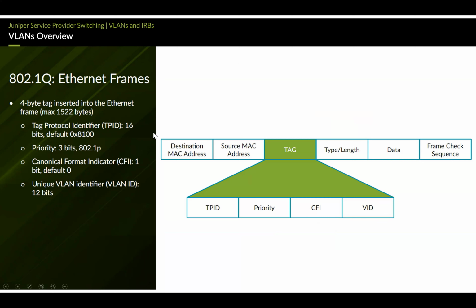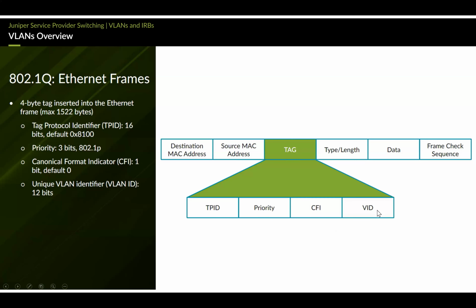If you see the Ethernet frames, every Ethernet frame has a destination MAC address and source MAC address, and in a tagged Ethernet frame, it has the tag protocol identifier, priority value, CFI, and VID.